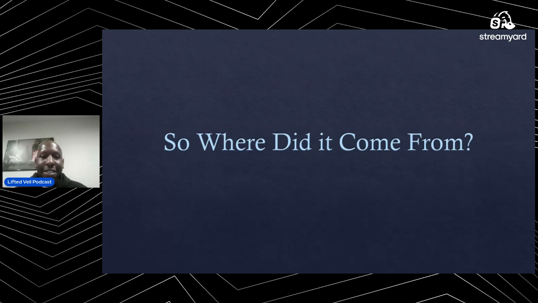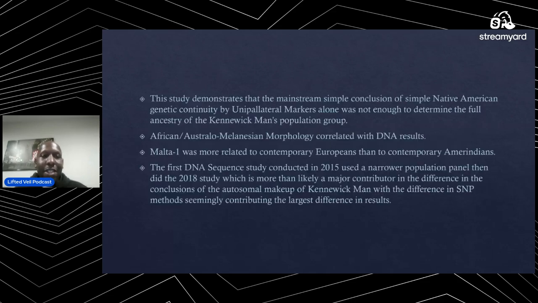Moving forward. This study demonstrates that the mainstream simple conclusion of Native American genetic continuity by unilateral markers alone was not enough to determine the full ancestry of the Kennewick Man's population group. African Australo-Melanesian morphology correlated with DNA results. Malta 1 was more related to contemporary Europeans than to contemporary Amerindians.